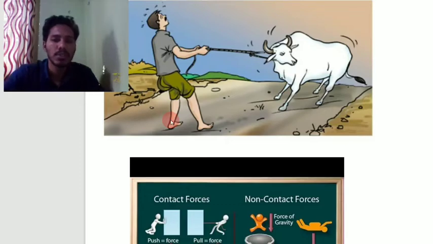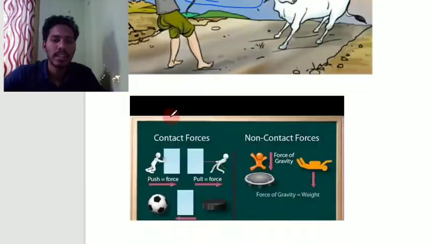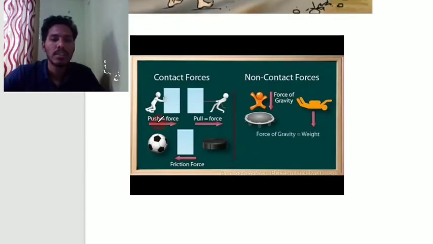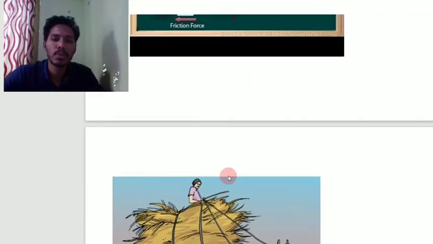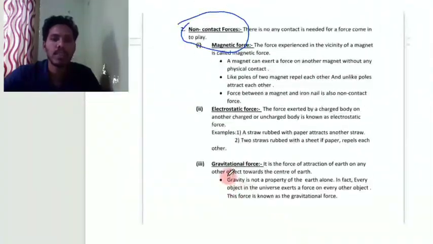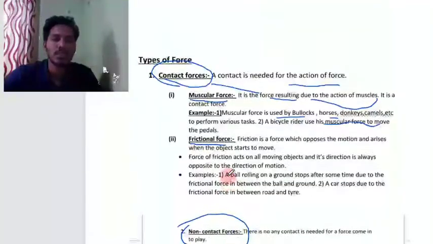This boy is applying a force by contacting the object, and it is a muscular force. Then you can see another example, push or pull. These are muscular forces applied by human beings. This is also muscular force applied by this bullock.